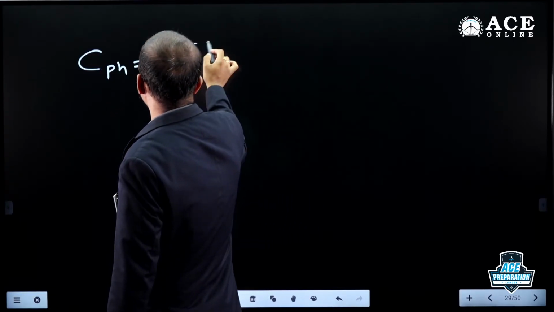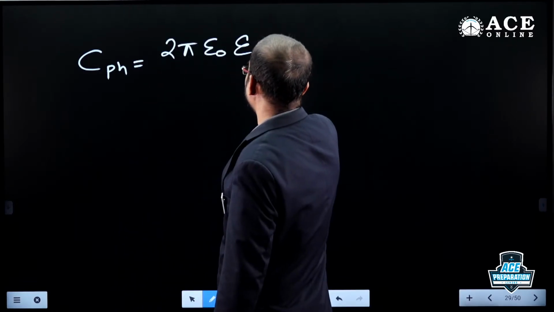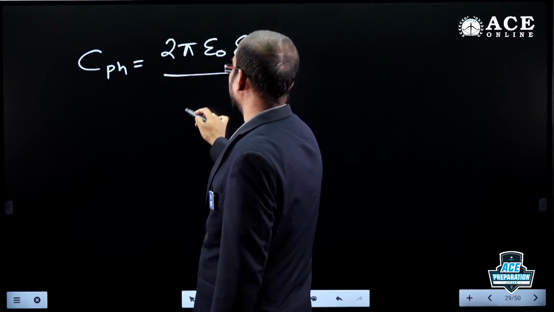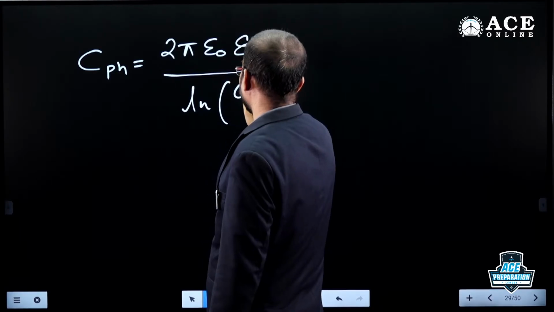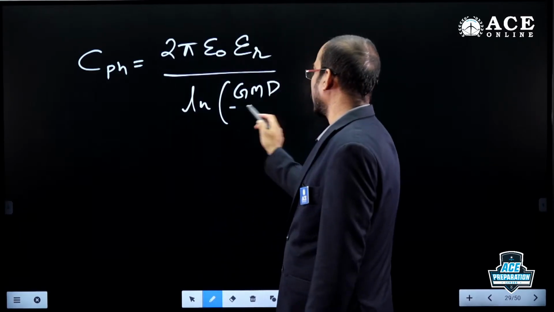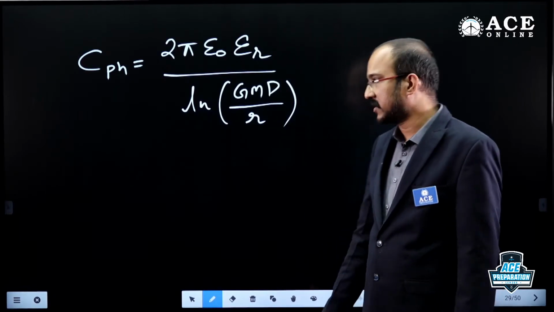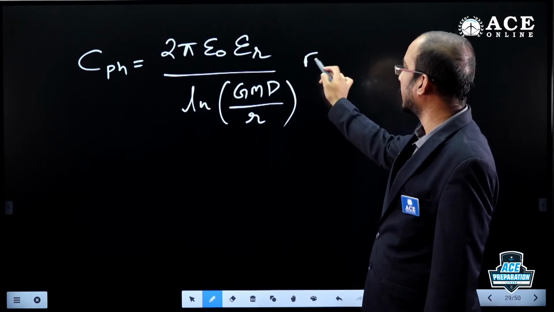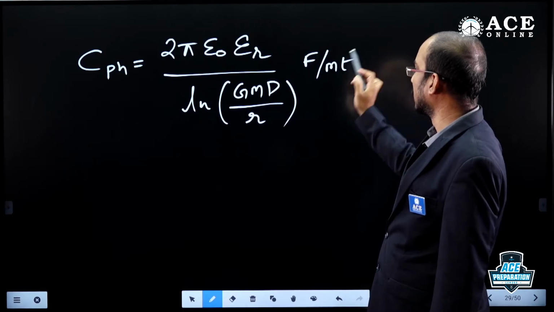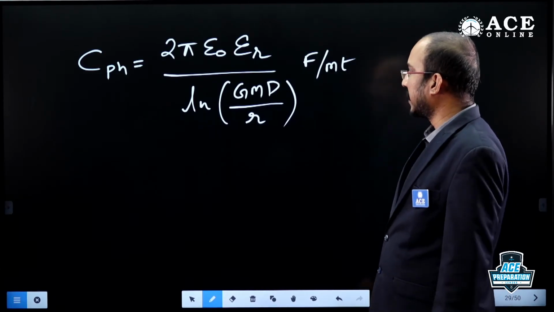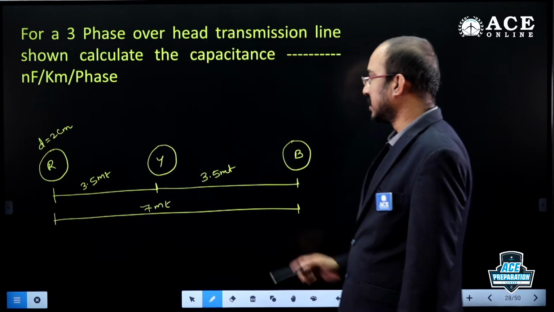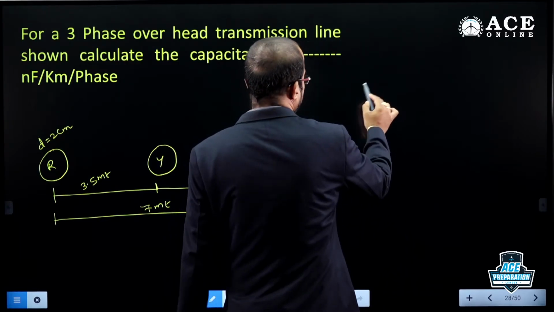2 pi into epsilon naught into epsilon r over ln of GMD by R. Here you will not take GMR, only the radius of the conductor is required, farad per meter. So for this system, what is the GMD that you can calculate?